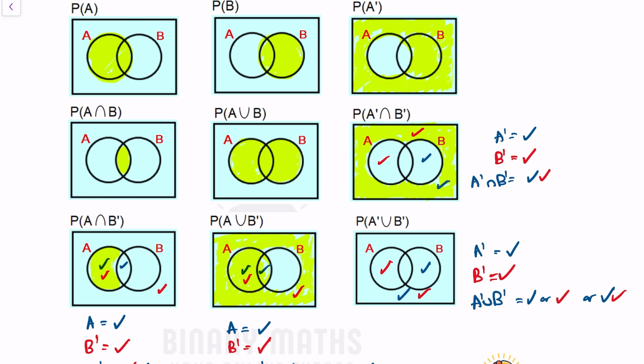So if I use my highlighter to do that, then I end up shading this part and that outside. So the only part that's not shaded is the intersection. So remember, if it's intersect, it's the parts that are ticked by both colors. But if it's union, it doesn't matter, one tick or both ticks, it will work.